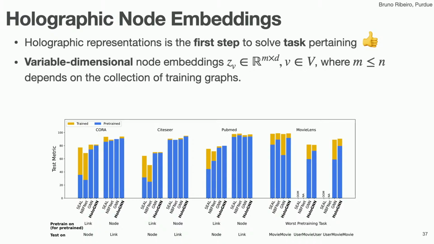And here is the task that it was pre-trained on. This was pre-trained on link prediction. And then we use the embeddings for node classification by just training the MLP. So we get the node embeddings frozen, and then we train an MLP to do node classification. You train for link prediction, the embeddings are frozen, and now you use those for node classification.